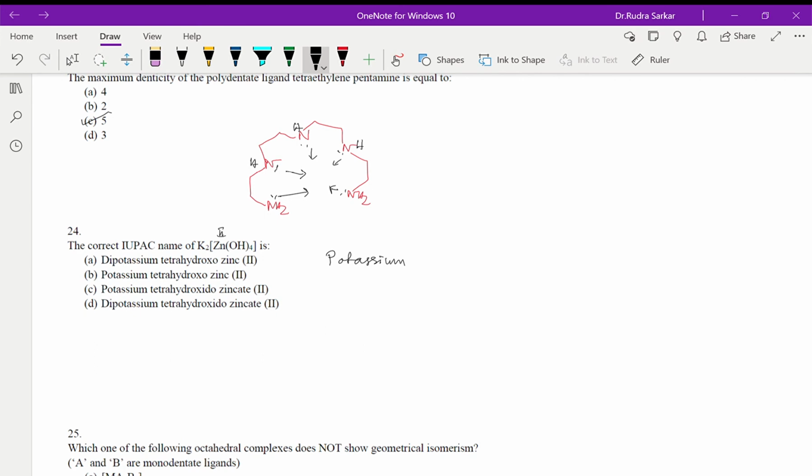There are 4, so it should be tetrahydroxido, and it should be zincate, not zinc, ended with the oxidation state 2. So obviously our answer here is going to be B. Okay, not B, rather it should be this one, C.